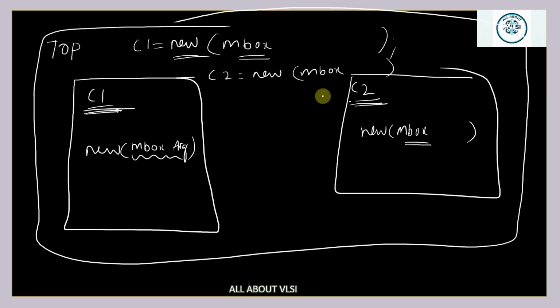So that C1 and C2 now have the reference to the original, common mailbox which has been declared in the top. This is what we are going to do, and this is the application of using your constructor. So using the new constructor, we are going to pass the mailbox handles to our C1 and C2, such that C1 and C2 are now referring to the common mailbox handle.